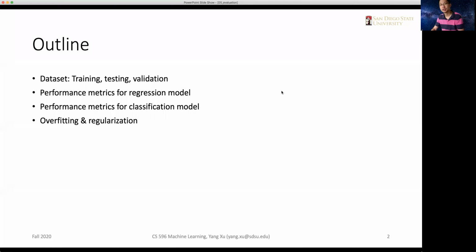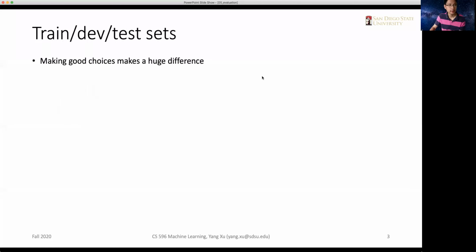All right, so let's get started. First, the splits of train, development, or validation. Here the term dev set, or development set, is the same as the validation set.